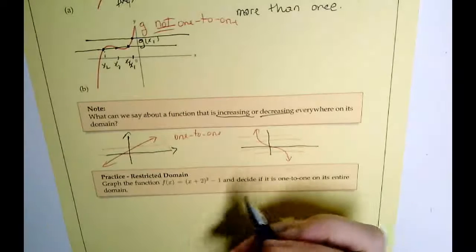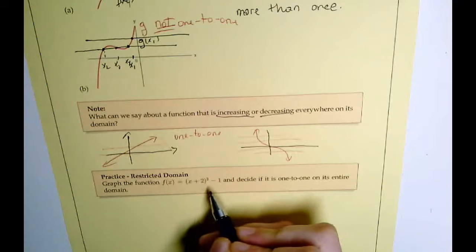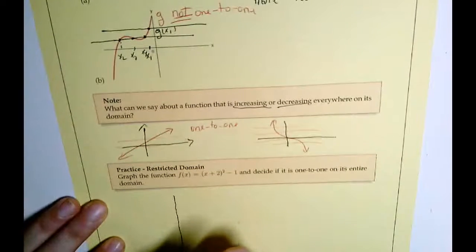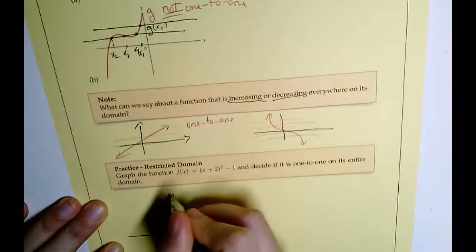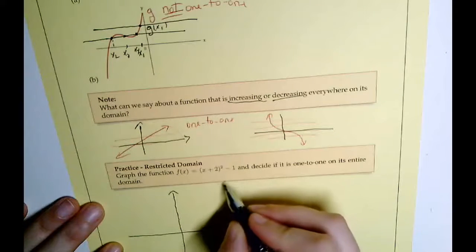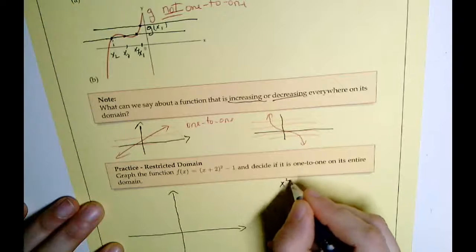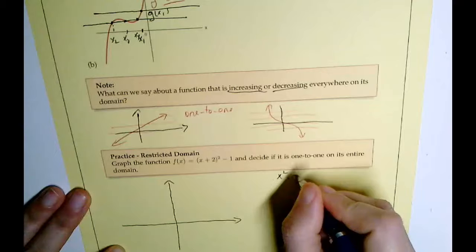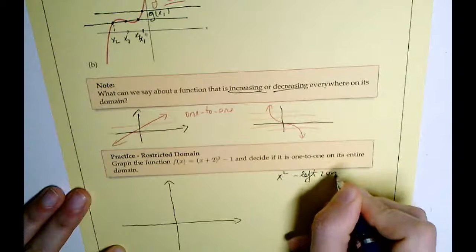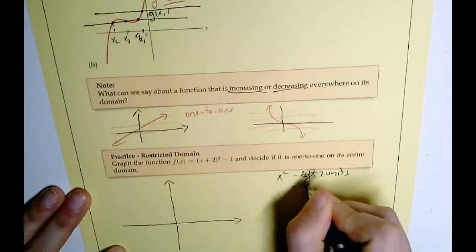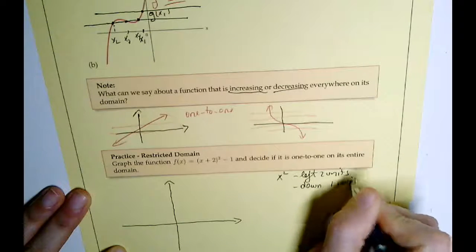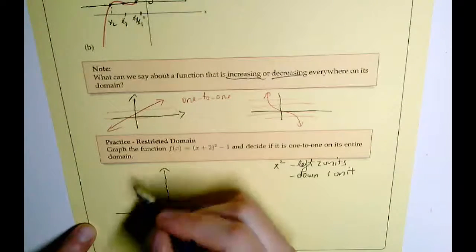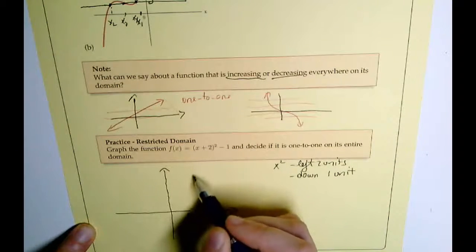All right, so let's practice. If I have a function f of x equals (x plus 2) squared minus 1, let's graph this using transformations. So x plus 2, this is the function x squared, that's the parent function, and it's left 2 units and then down 1 unit. The x squared will be just your regular parabola going through the origin like that.